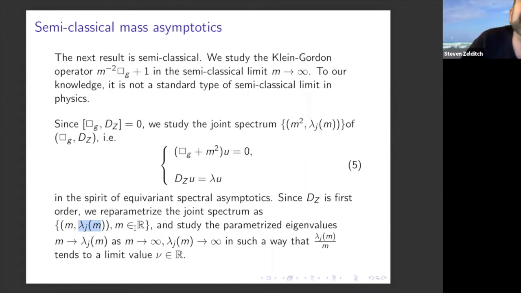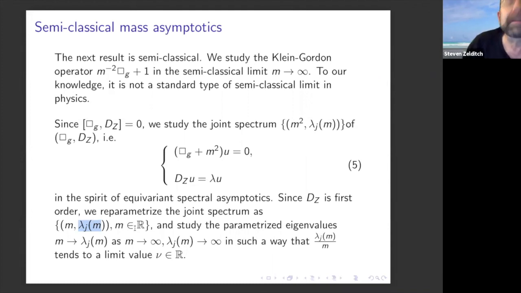If we go along lines with positive slope in the joint spectrum, then we're letting the mass go to infinity as well as the eigenvalue, both going to infinity in such a way that the ratio lambda j of m over m tends to a limit, which we call nu. This is reminiscent of what is called ladder asymptotics in elliptic spectral theory, so we can play this game in the relativistic setting.